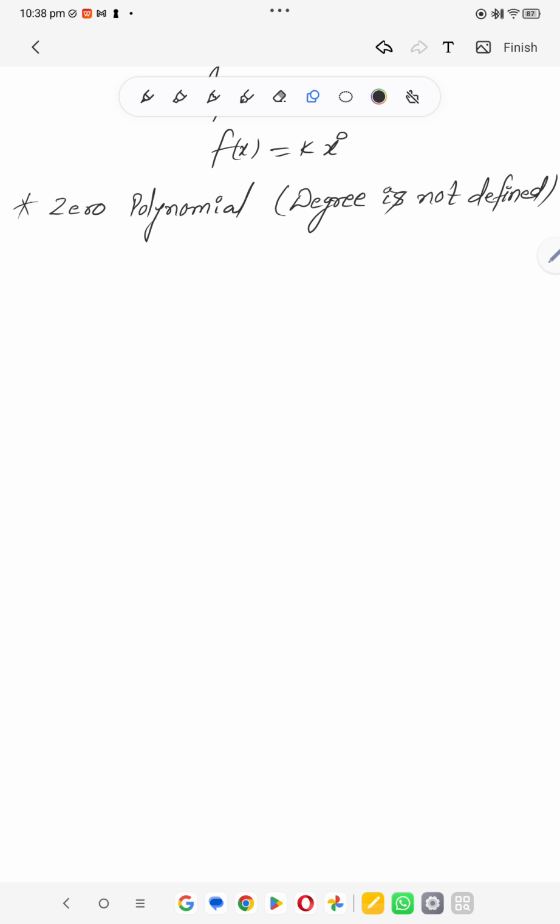We can write it like 0 times x to the power 4, so the degree is not defined.